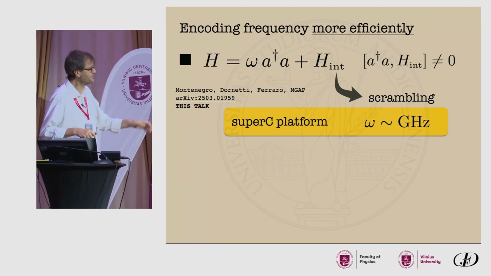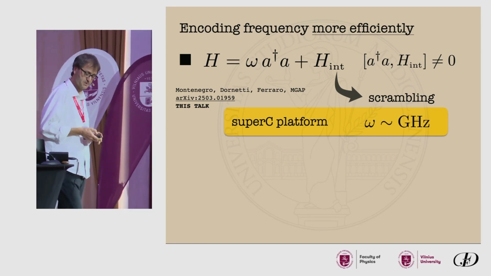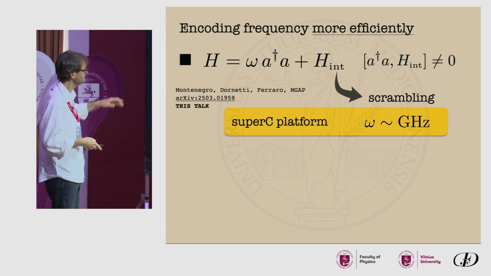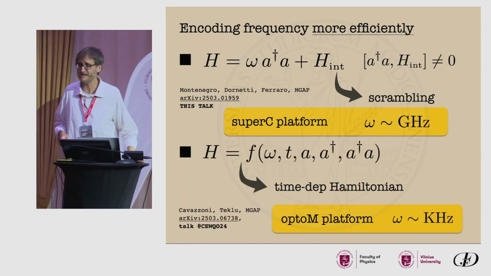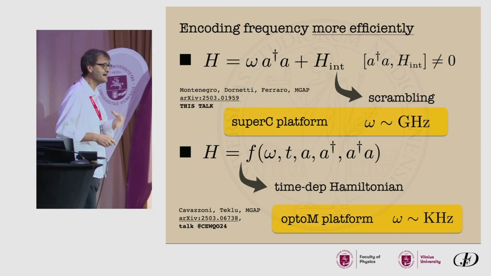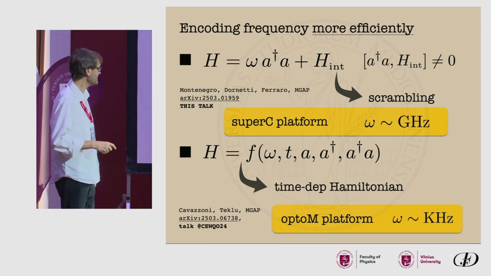And so frequencies of the order of gigahertz, which are typical in superconducting platforms. In this sense, my talk today is complementary to the talk I gave last year in Olomouc, which was about another strategy to estimate frequency.